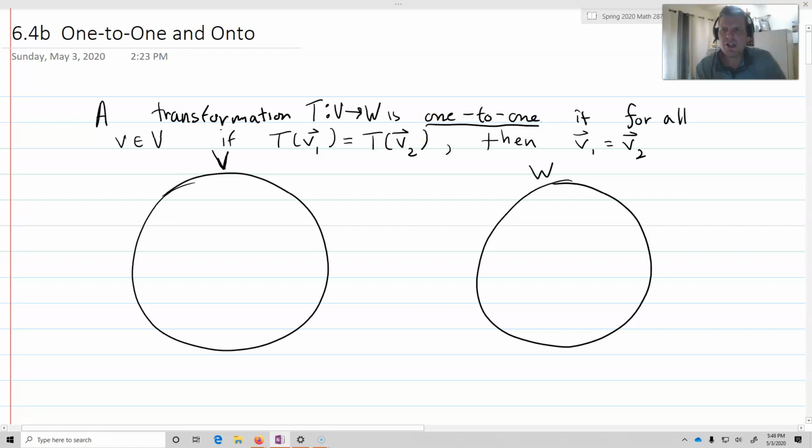A transformation T: V into W is one-to-one if for all v belonging to V, if T of v1 equals T of v2, then v1 equals v2. You're going to have to sit there and think about this a little bit. Basically what this is saying is that if I have T of v1, we can only map it backwards, or trace it backwards along T, to one v1.